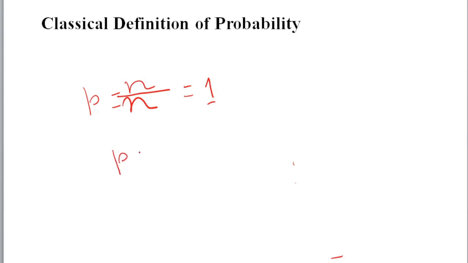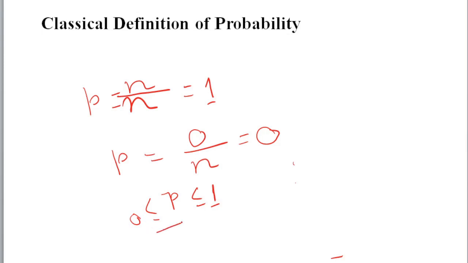If there are n possible events but no favorable cases, then the probability will be 0. Therefore the minimum value of P is 0 and the maximum value is 1. That is why the probability value always lies between 0 and 1.